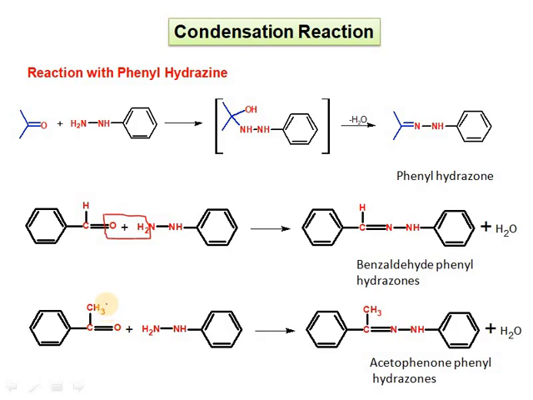Similarly, we can treat acetophenone: with these two hydrogens removed as water, the compound formed is acetophenone phenylhydrazone derivative.